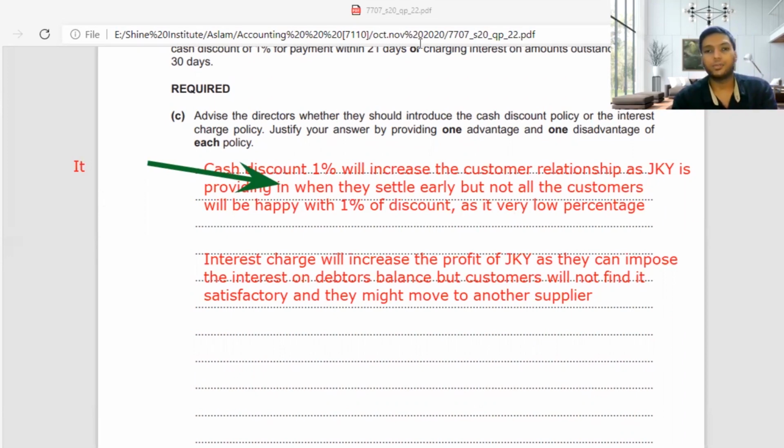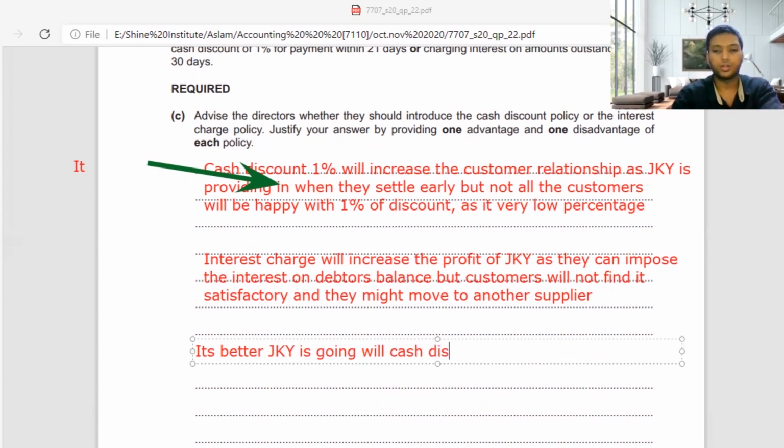So when you're recommending, you should be very careful. You don't say "I will recommend". It's better, you can say like that: it's better JKY is going along with cash discount. So give a good recommendation.